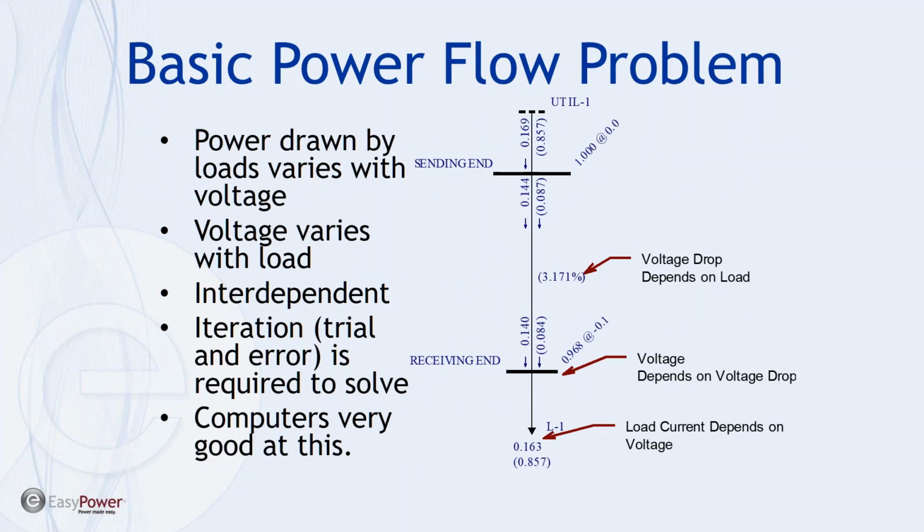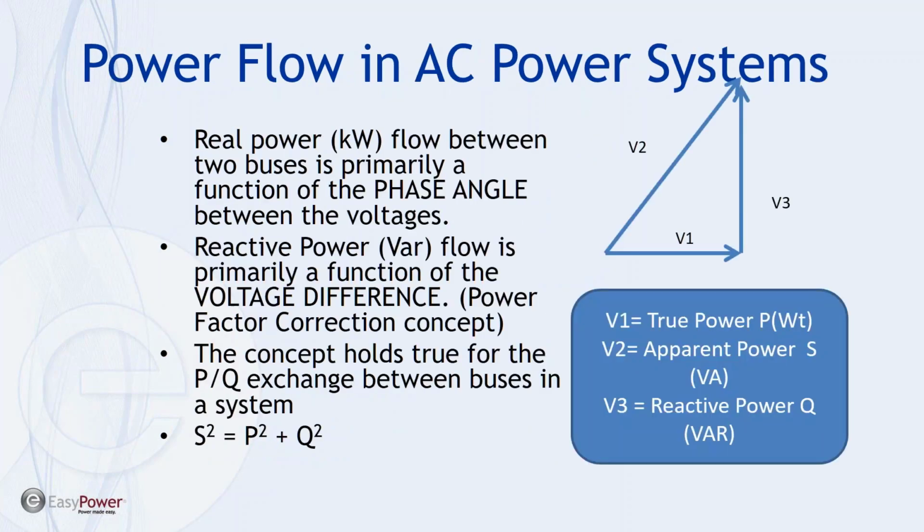So here's the basic problem, if you will, or the power flow equation. The power drawn by load varies with voltage. The voltage will vary with the load itself, and they become interdependent. And it's this interdependency that makes the load flow problem relatively tough to do by hand. We're talking about the solution of simultaneous equations.